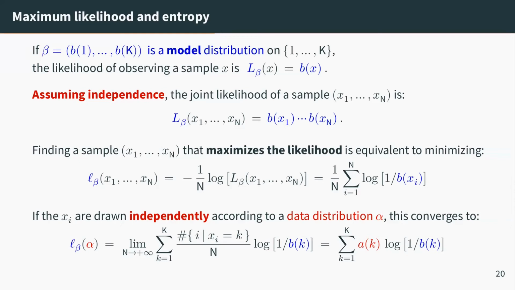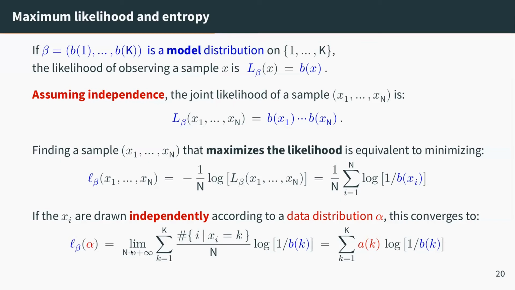So now you imagine that we had a model, like a Gaussian, something simple, and real life gave us samples, and we assumed that it's a kind of random number generator with a fixed unknown data distribution alpha. Then, when n goes to infinity, what is the typical value of L beta of alpha, the likelihood according to beta of a sample drawn from alpha?